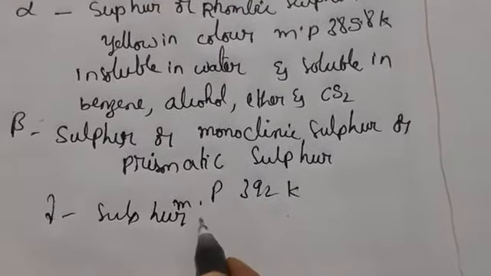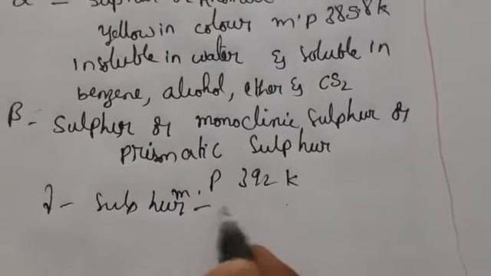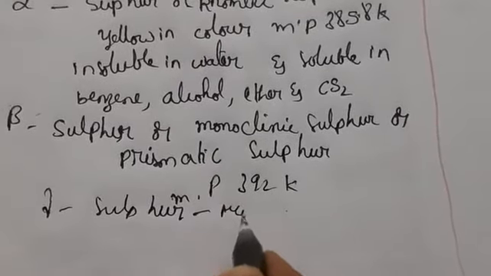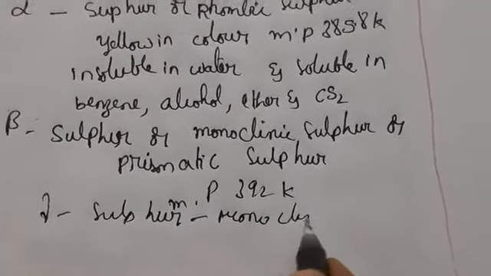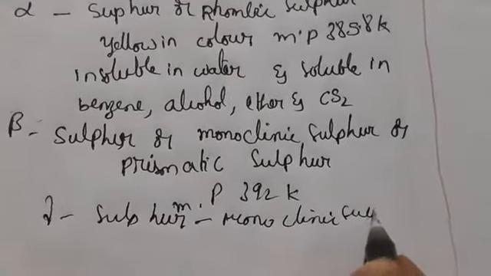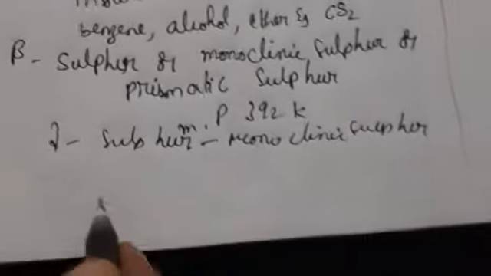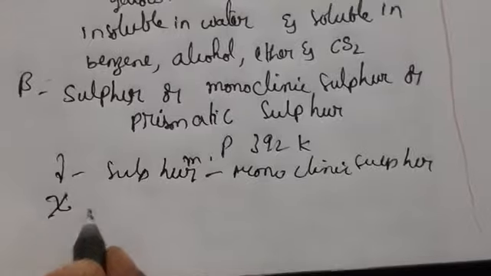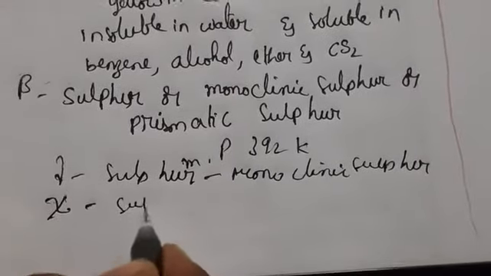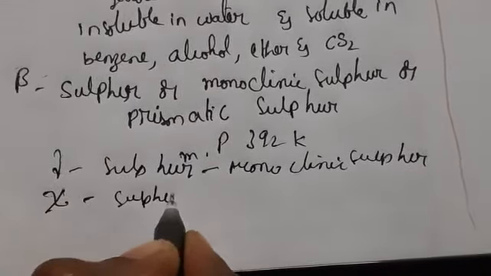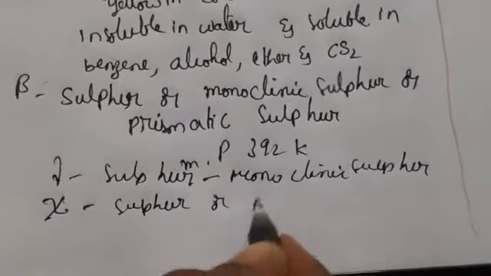Gamma sulphur is also a monoclinic sulphur. Then we have zeta sulphur, or plastic sulphur.